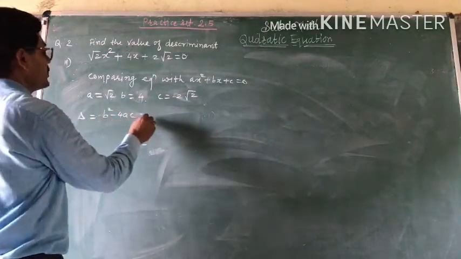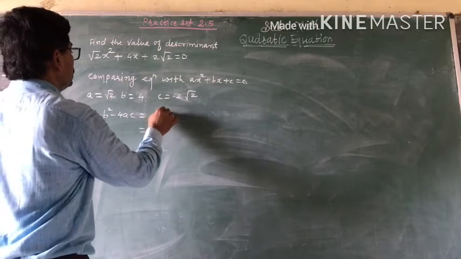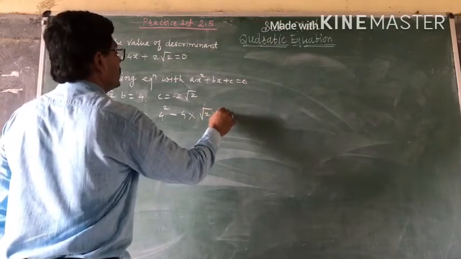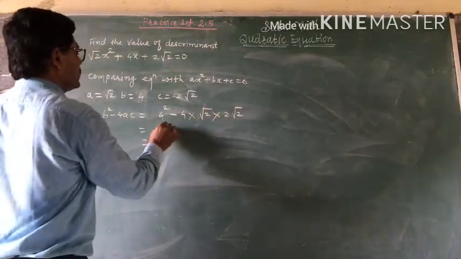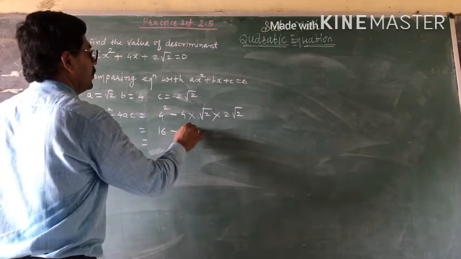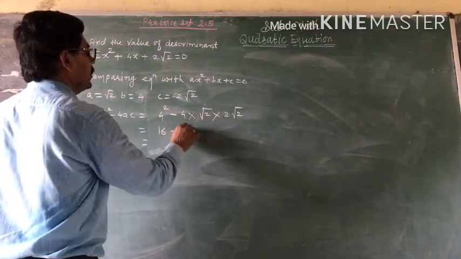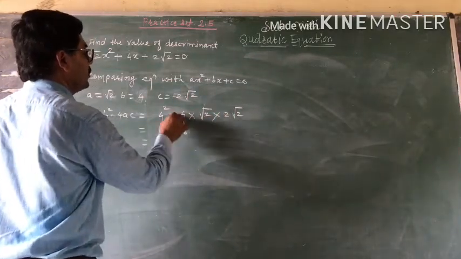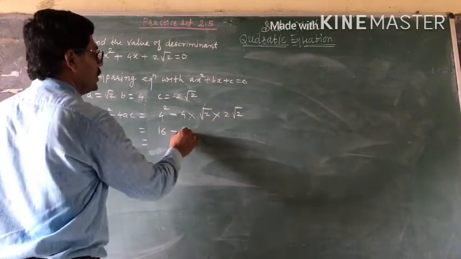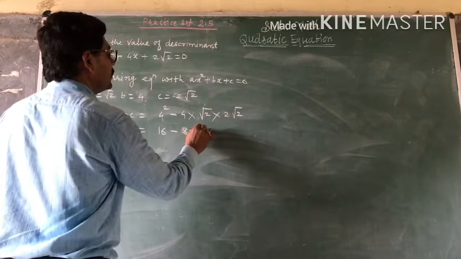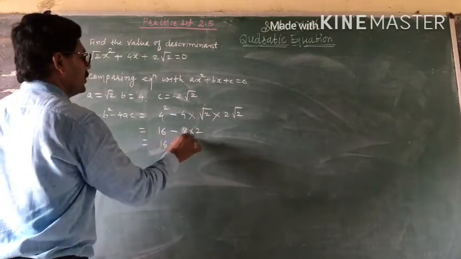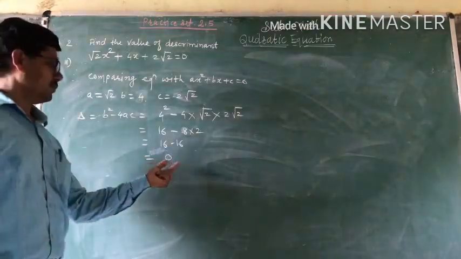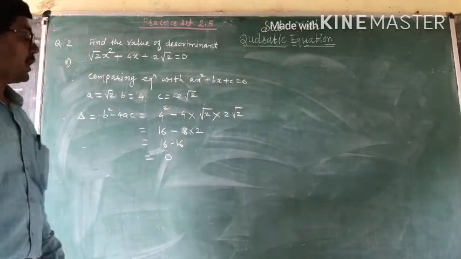Delta is equal to b square minus 4ac, that is 4 square minus 4 into a, which is root 2, into c, which is 2 root 2. 16 minus 4 into 2 root 2... the signs are all plus here. 4 into 2 is 8, and root 2 into root 2 is 2. So 16 minus 16 is equal to 0. The discriminant is 0. Therefore, the roots are real and equal.